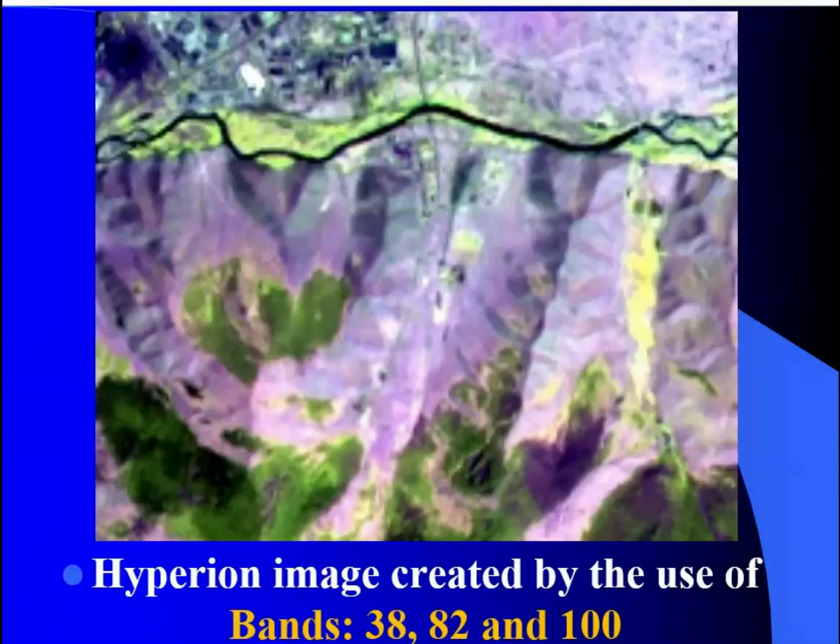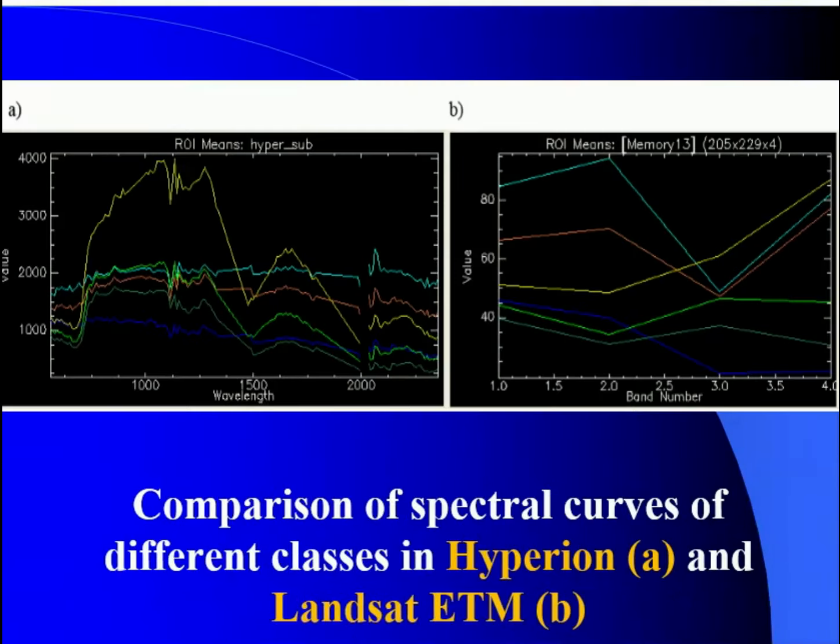As I told you before, using hyperspectral images, we can trace the spectral properties of the land cover classes, and if we compare hyperspectral curves with the curves of the Landsat images, in the Landsat images we can see the averaged spectral reflectances.